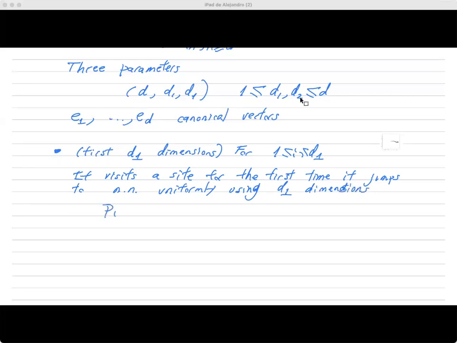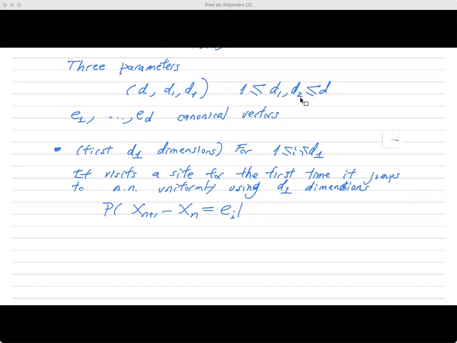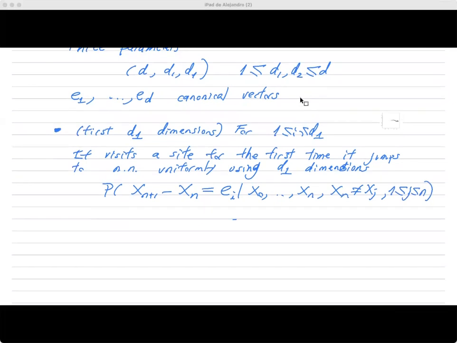If you didn't follow exactly what I said, I'm writing it here as transition probabilities. The probability that I jump in direction e sub i, given all the history of the random walk and given that at time n I'm visiting a site for the first time, is just 1 over 2 d sub 1 in all the directions.